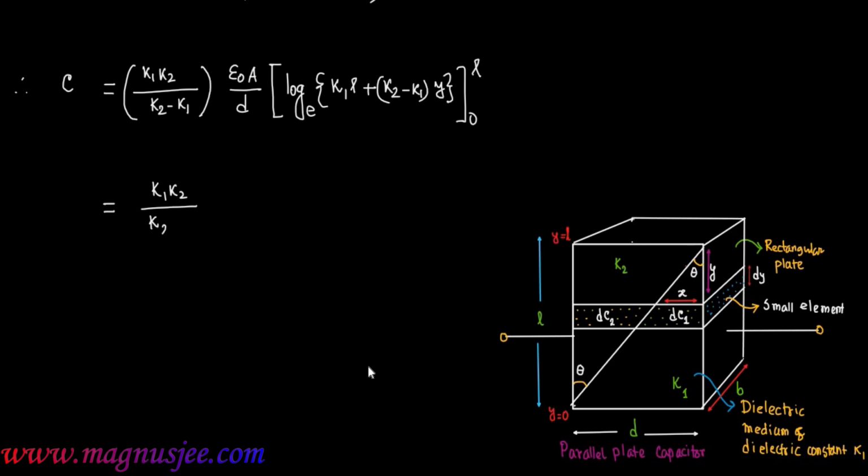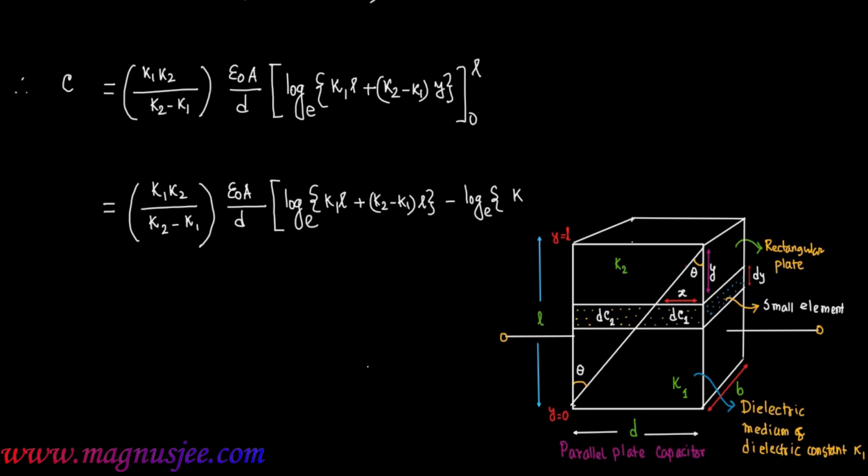Equals k1 k2 divided by (k2 minus k1), epsilon 0 A divided by d, times [log base e of (k1 L plus (k2 minus k1) L) minus log base e of (k1 L plus (k2 minus k1) 0)].